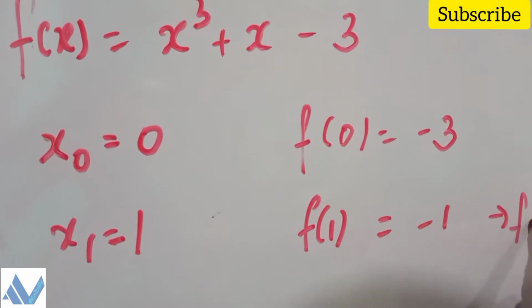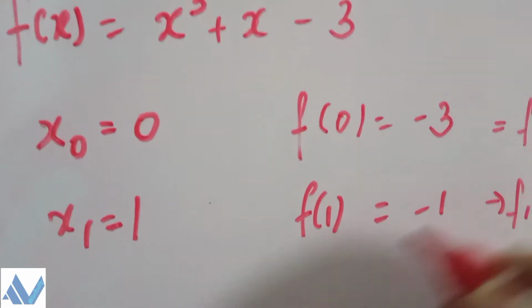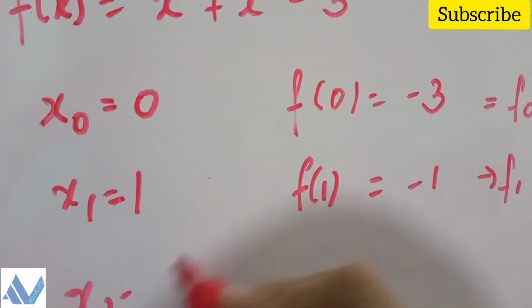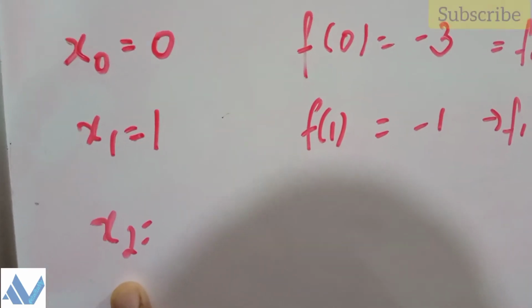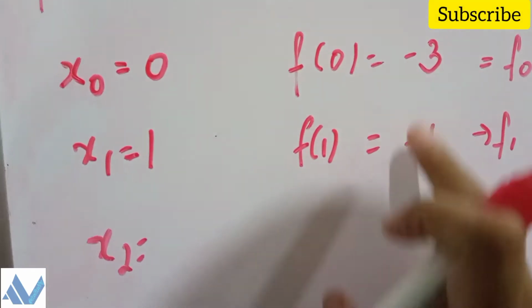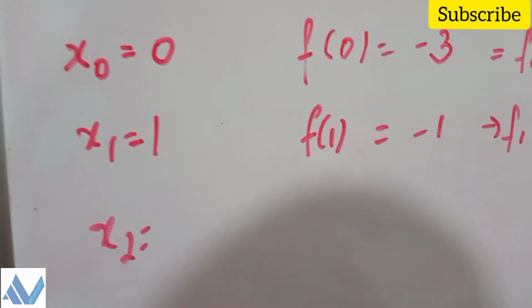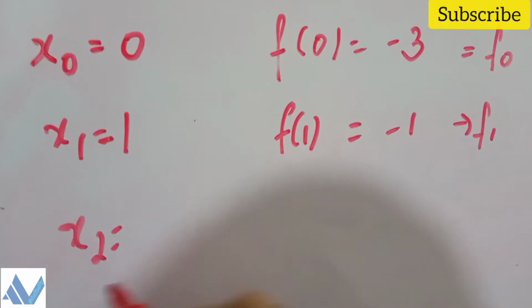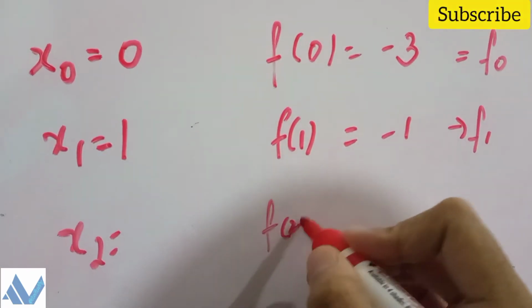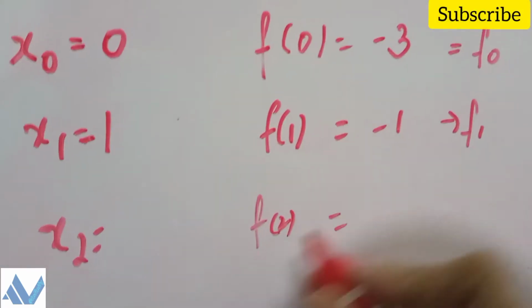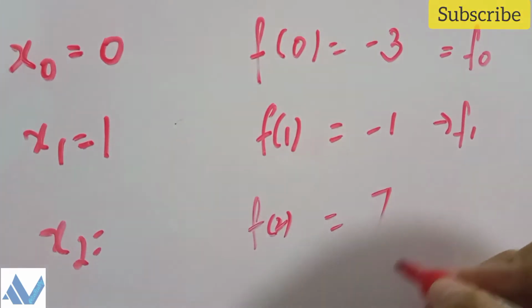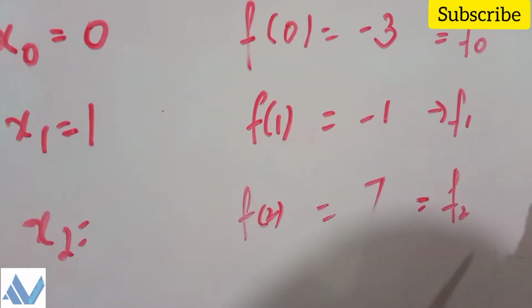This becomes f1, this becomes f0. Next, x2. Why are we taking one more x2? Because we have got negative values. We have to get negative as well as one positive. Until then we will take out the values. So x2, that is f2 is equal to, after substituting 2 you get 7, that is f2.